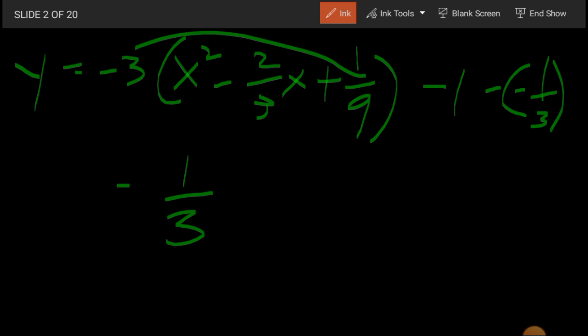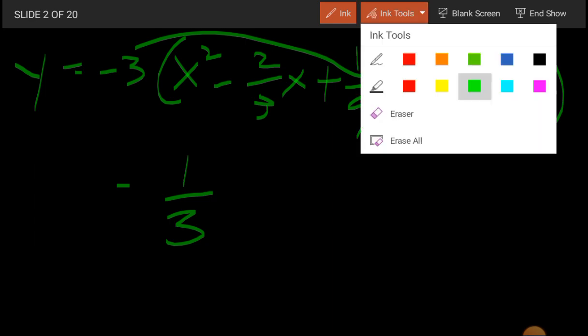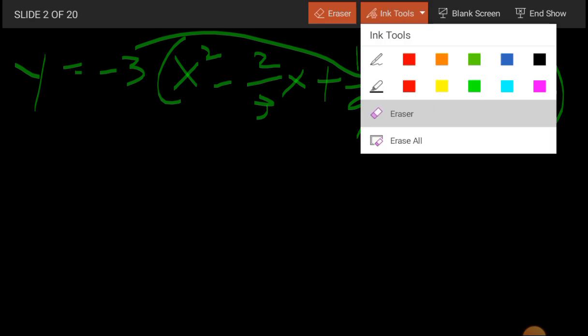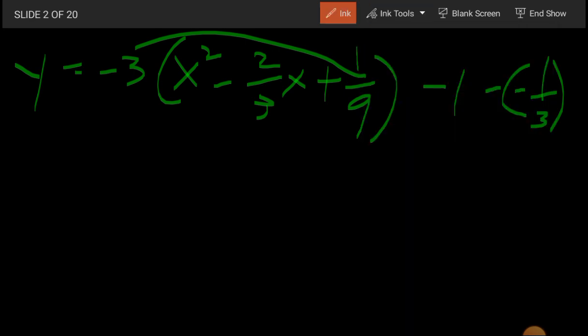Yan. So, y equals, simplify na natin, negative 3. Then, dahil ito ay PST na or perfect square trinomial na, pwede na nating i-transform sa square of binomial.